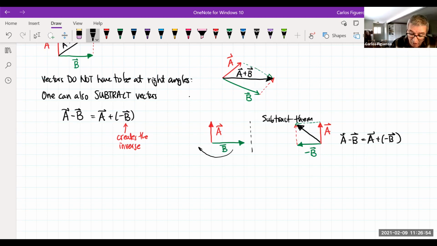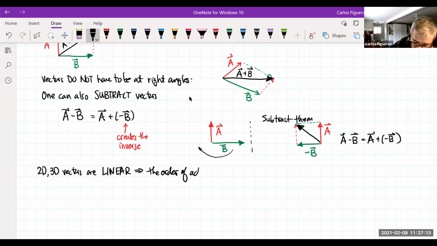Now vectors are linear. So 2D and 3D vectors are linear. And what that means is that the order of addition and subtraction does not matter. So what do I mean by that?